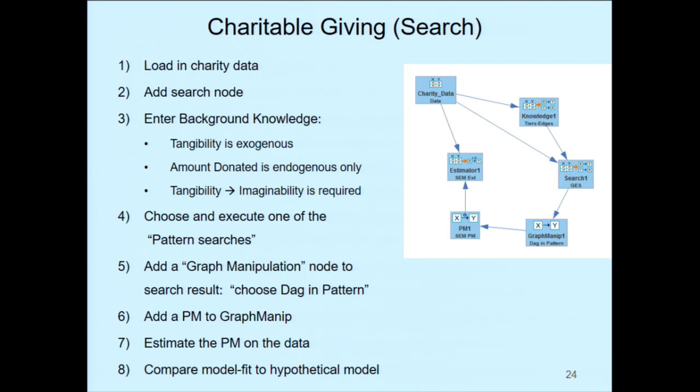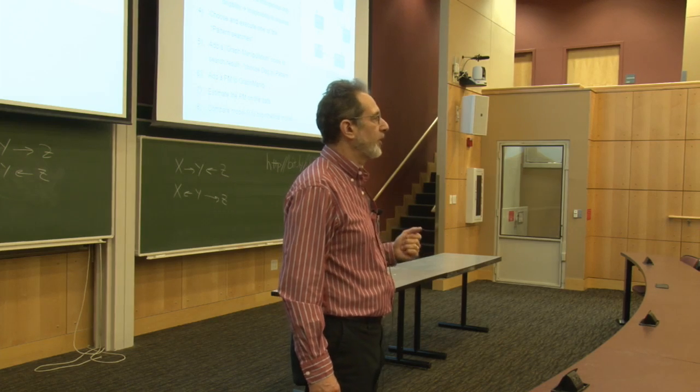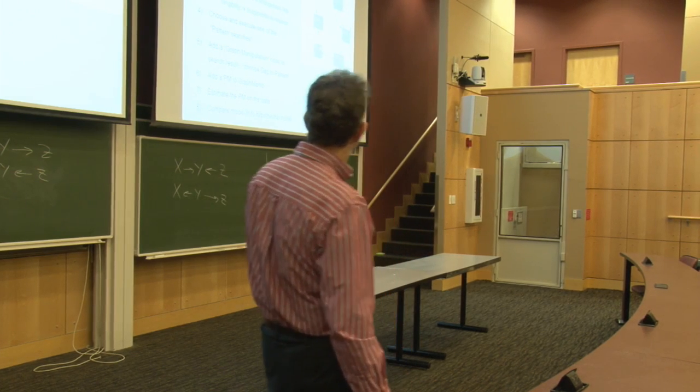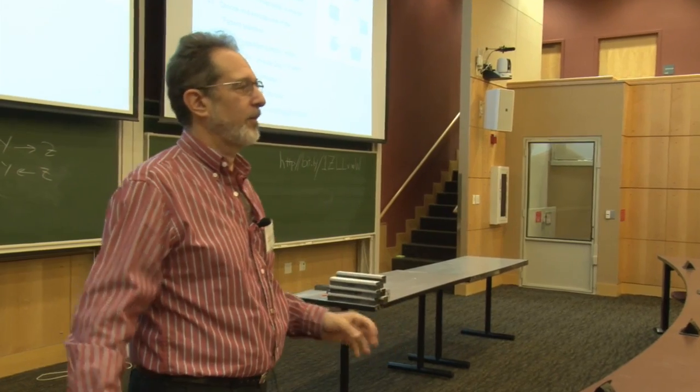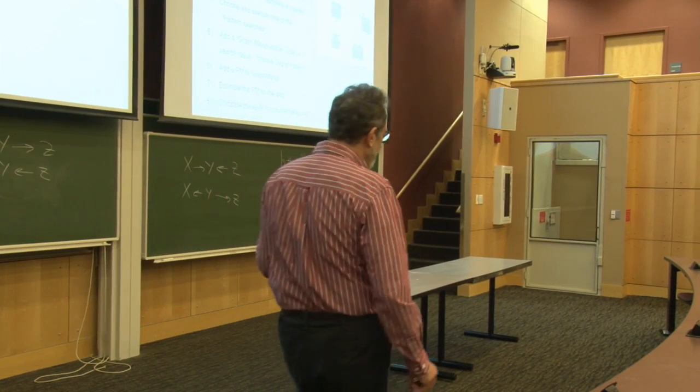The second one is that the amount donated is endogenous only, which is to say that they did everything else before they asked the subjects what they wanted to donate. So the assumption is that everything else had already been measured and already taken place and was already a property of the person or a property of the condition or the experiment before they asked them, well, how much do you want to actually give?